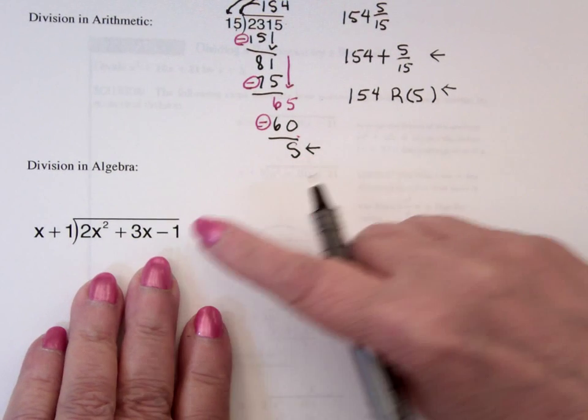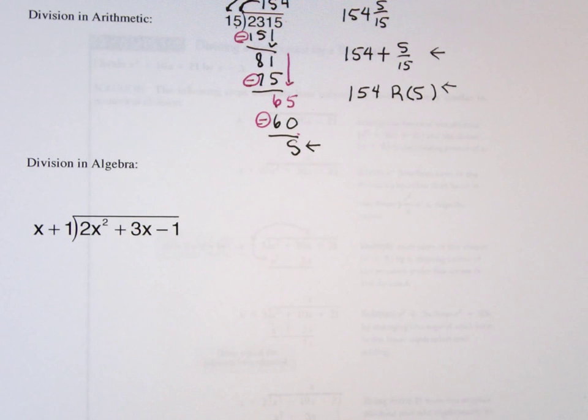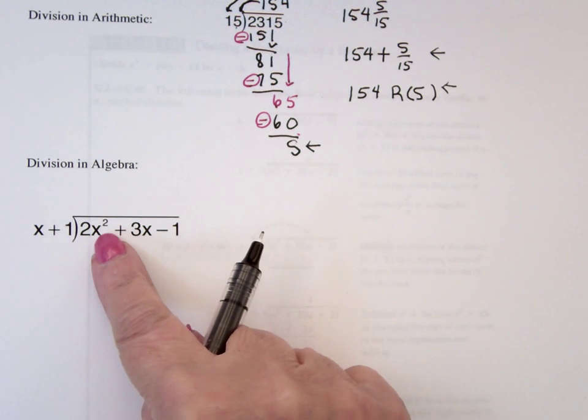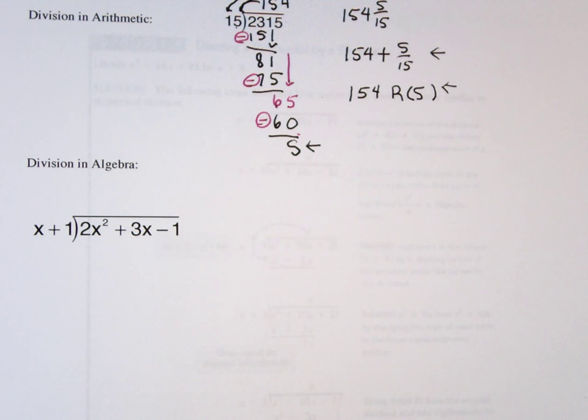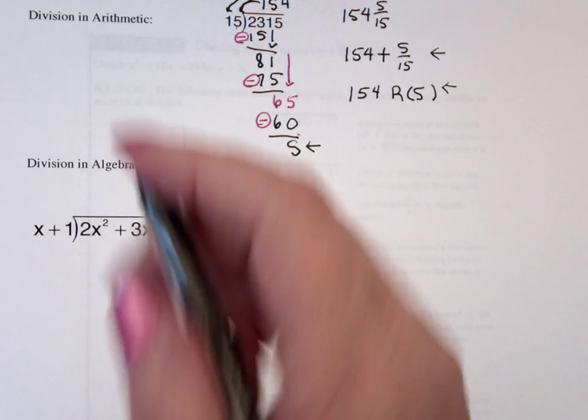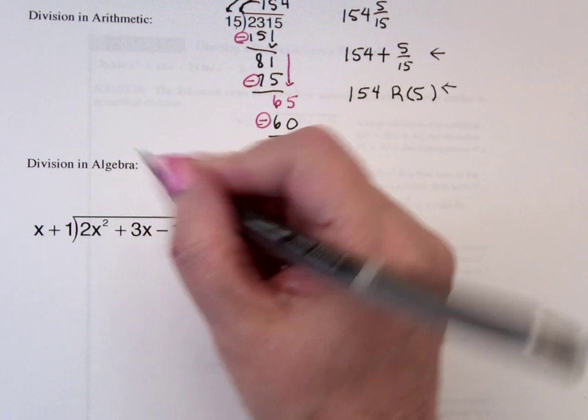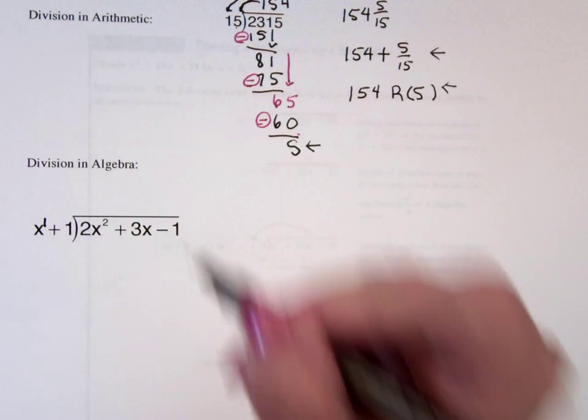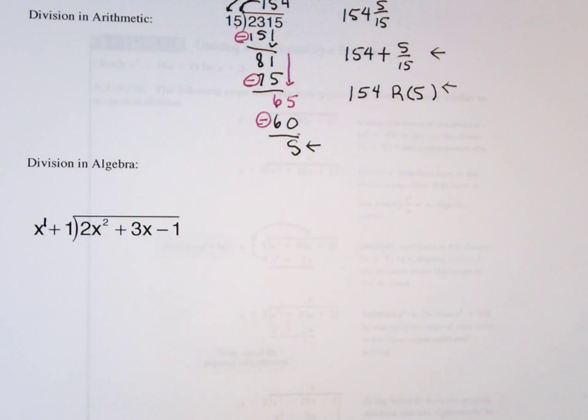In algebra, I'm reducing down, but I'm looking to get the degrees down. I start out with what I'm dividing into being of degree 2. My divisor is x plus 1; the highest power of x is 1, so it's degree 1.